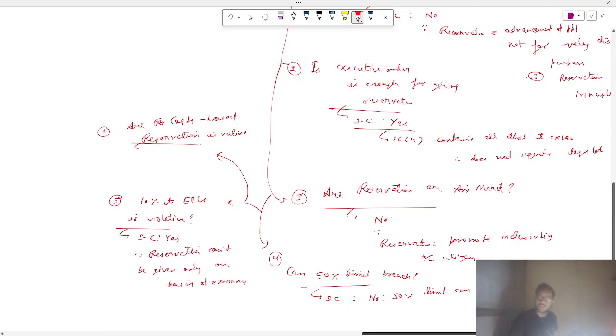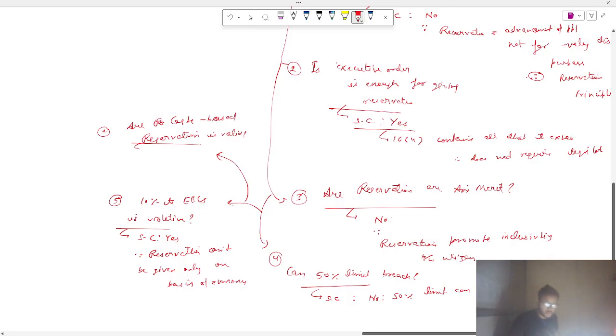Caste has been used as one factor out of 12 factors for deciding the backwardness of a person. So it's not caste-based reservation. That's what the Supreme Court stated.